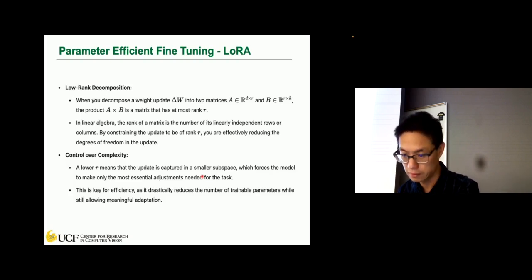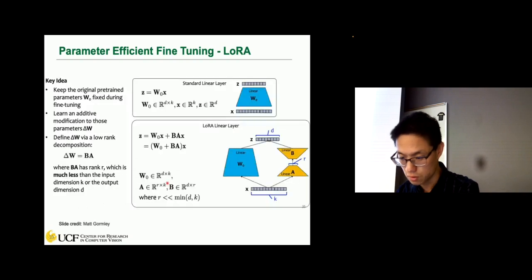For this matrix multiplication B times A, as compared to the original full fine-tuning, that's going to be a significant reduction in terms of the parameters and also the computation. That's how LoRA is able to reduce the tunable parameters, based on this low rank decomposition, with these two matrices which have a very low rank.